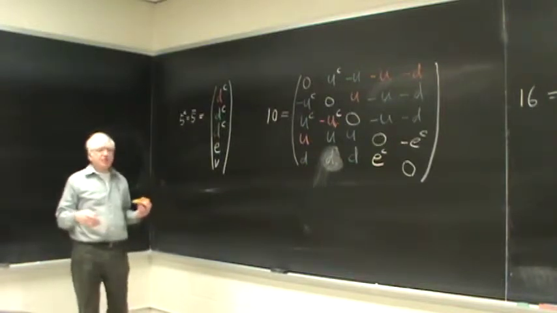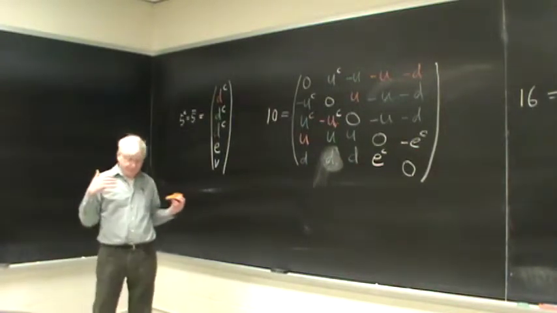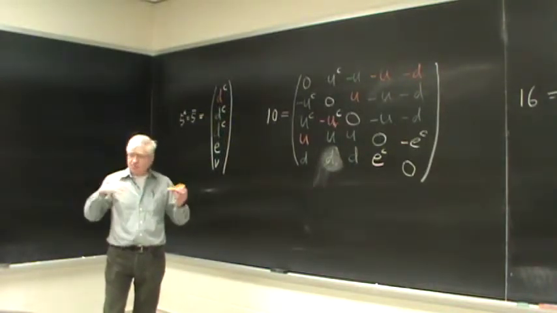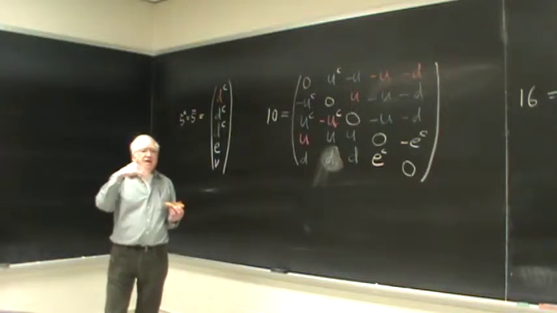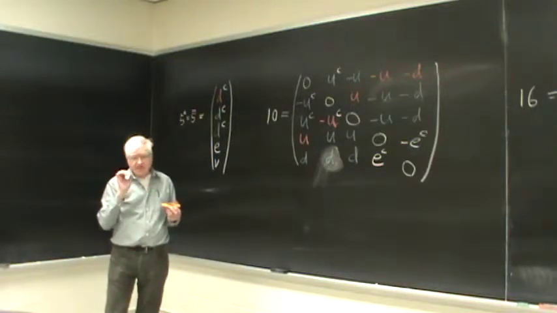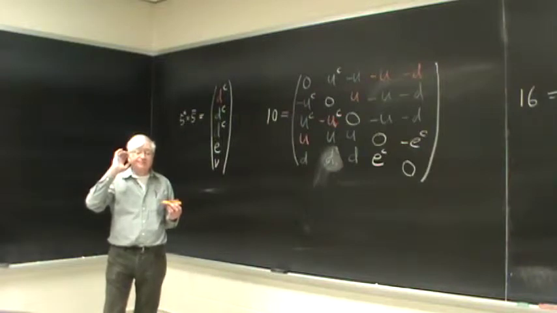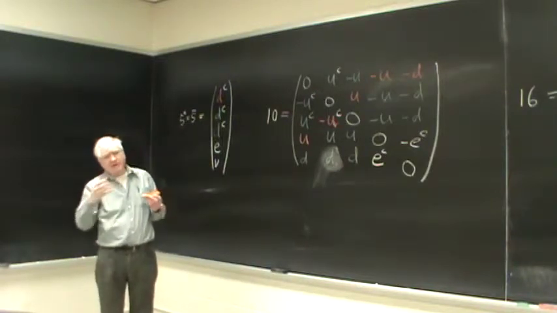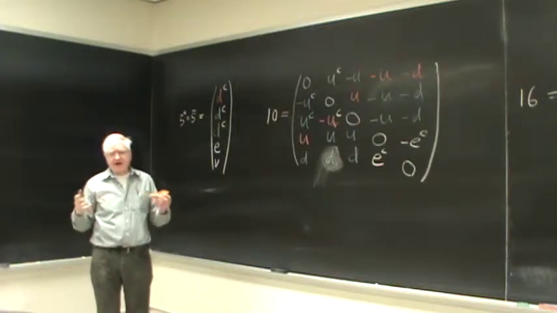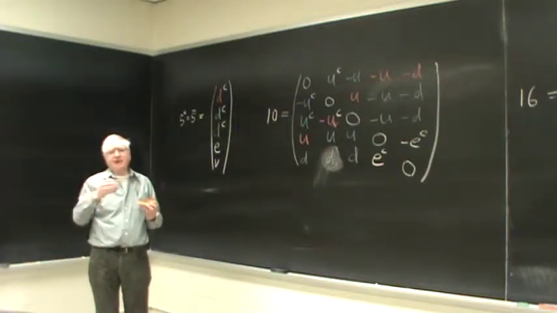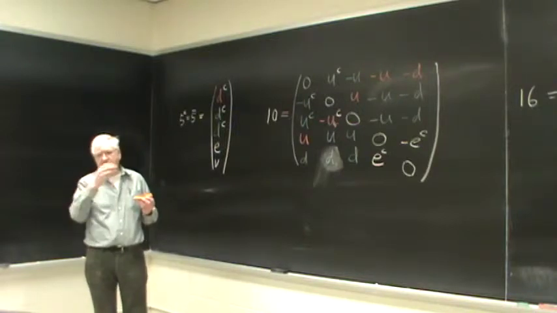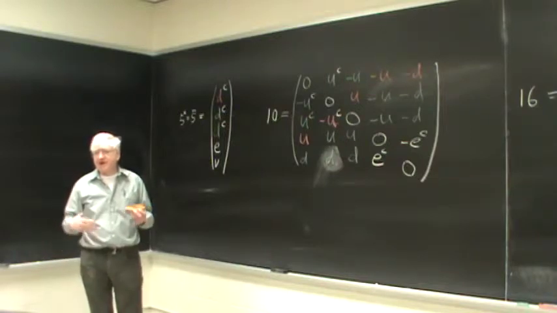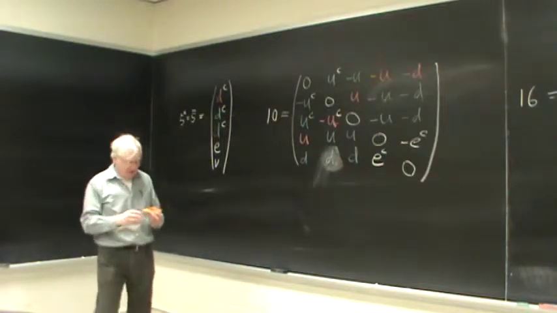Moreover, if your group has unit determinant, all the matrices have unit determinant, then all the generators are traceless. And so not only might you have one coupling constant, but you can also diagonalize a certain number of the generators, and all of the eigenvalues on their diagonals would have to add up to 0. So you get a kind of charge quantization geometrically.